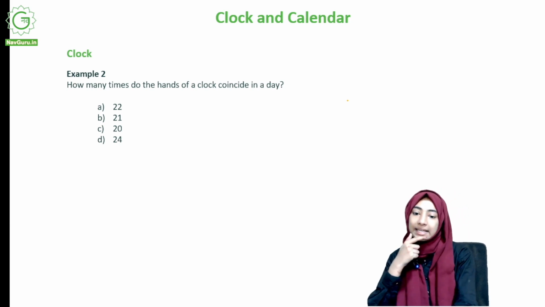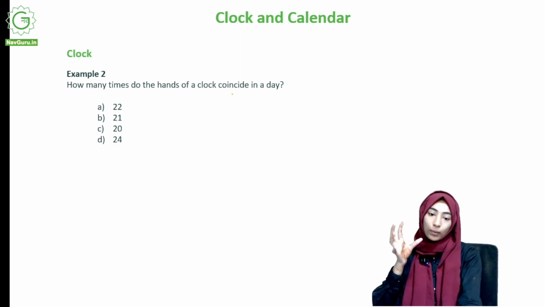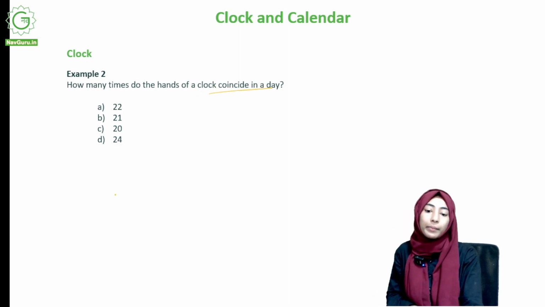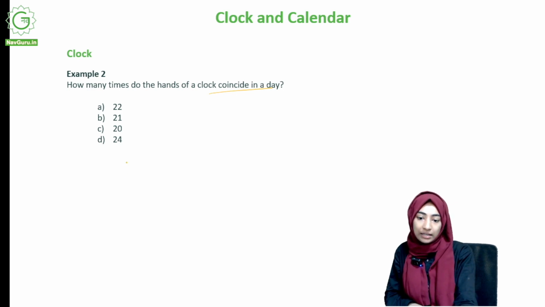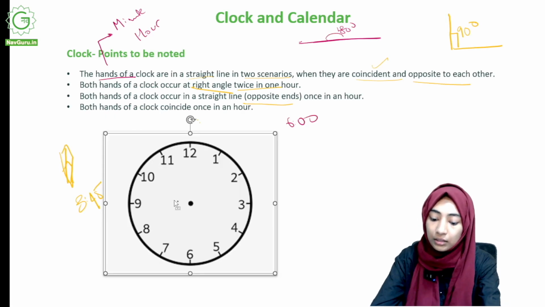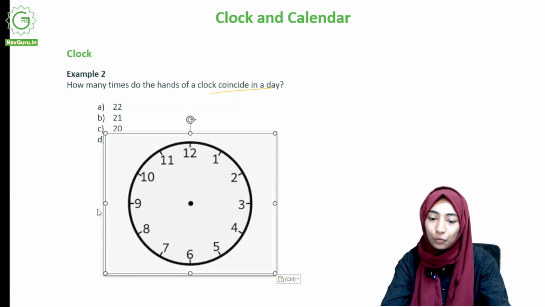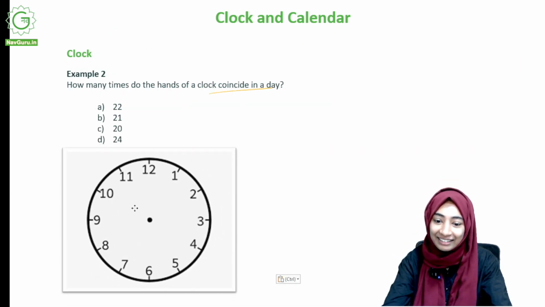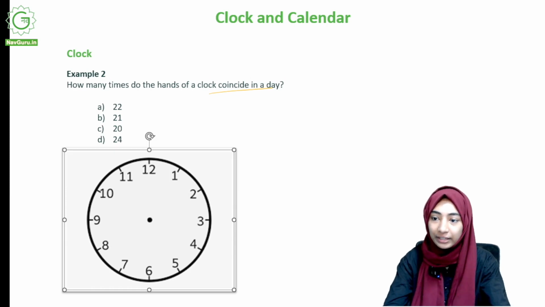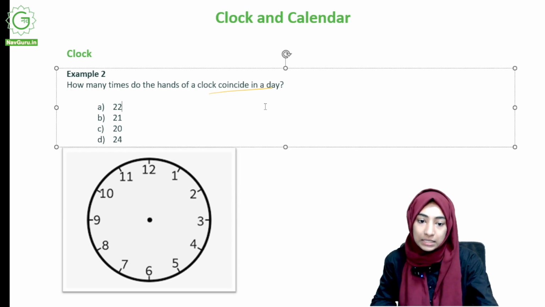Okay, so basically what you need to find is how many times the hands of a clock coincide in a day. Now what did we say about the hands of a clock coinciding? I'll bring the figure of the clock that we had, because if I were to draw a clock, I've told you how bad my drawing is, so I don't want to take that risk.